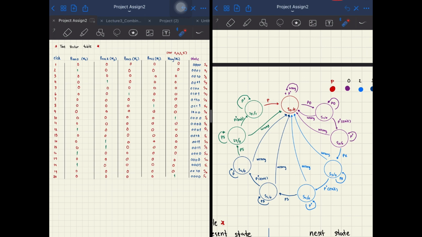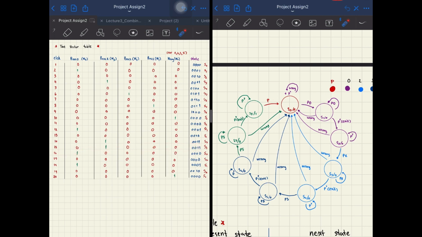Then clock 14 I press 2, and at clock 14 it will transition me to state 3. And then here it is, clock 15 I press 2. Pressing 2 at this clock means holding the button, so it will make me stay in state 3 here, right? State 3 at clock 15.